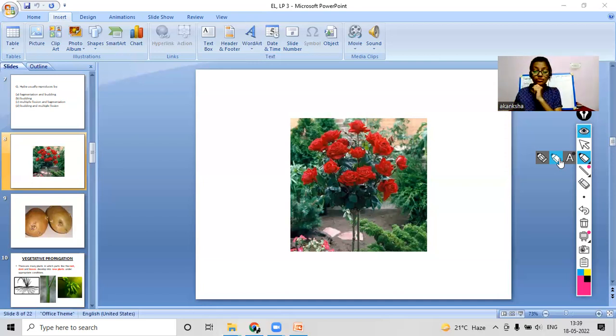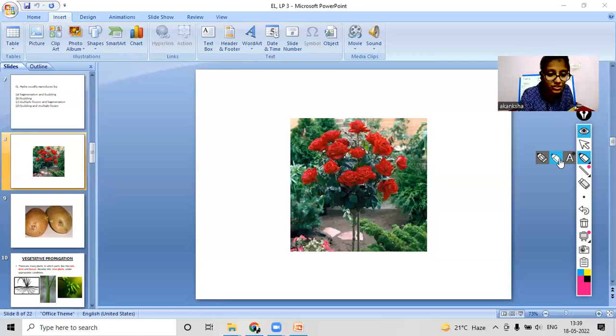It will also grow if we provide it correct nutrition. So yes, this is a very strange method, because we always know that something grows from a seed, but here it is growing just from the stem. So we will read more about this type of reproduction now.